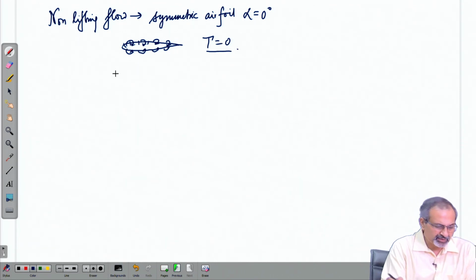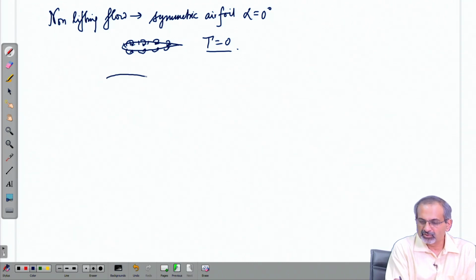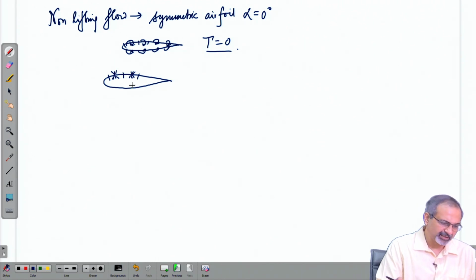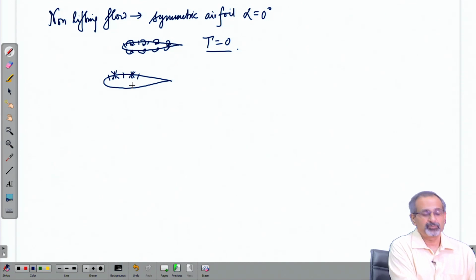There is another way you can solve this. You can use source and sink. So, on the panels you can use sources or you can use sinks, but if you do that, there is an additional constraint that you have to satisfy, that is the sum total effect of those sources and sinks must go to 0.